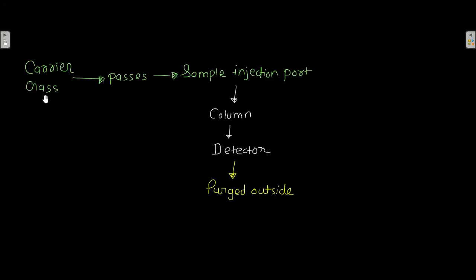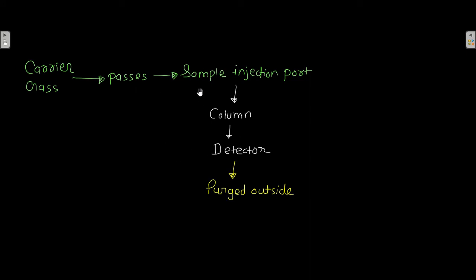Now the carrier gas is passed through the sample injection port, then it goes to the column, then to the detector, and at last it is purged outside. So this is how the flow of gas occurs.